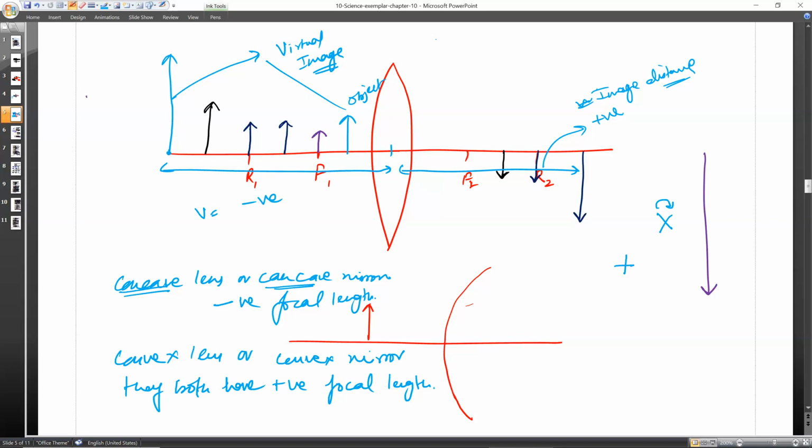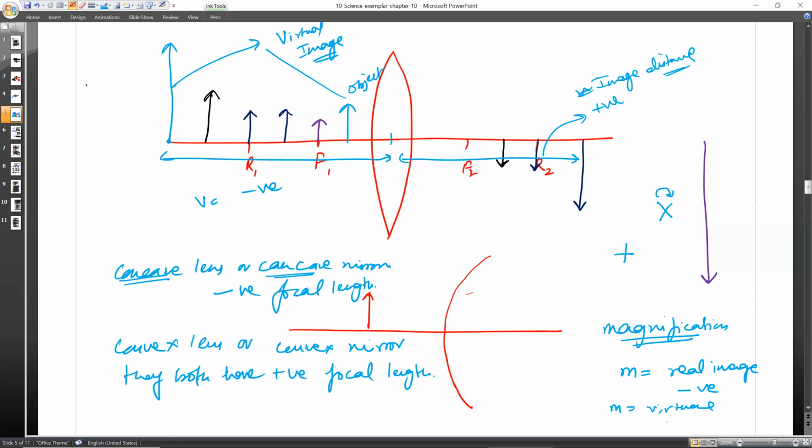Now, one more thing, we're talking about the magnification. Magnification sign is important. The magnification for a real image is always taken as negative, and the magnification for a virtual image is always taken as positive.